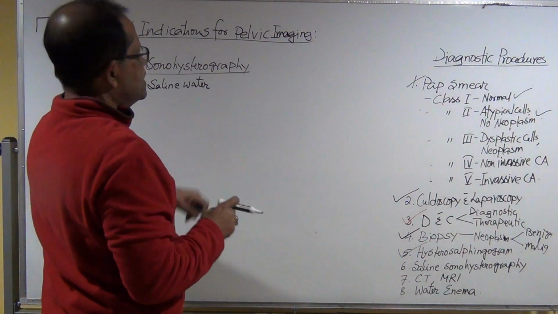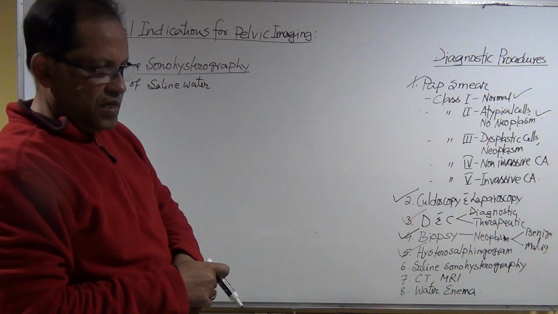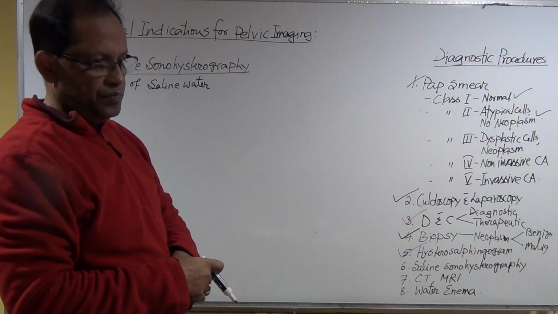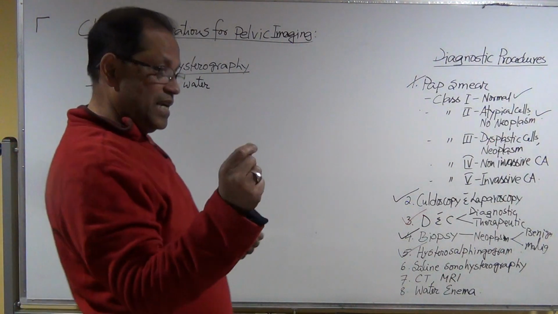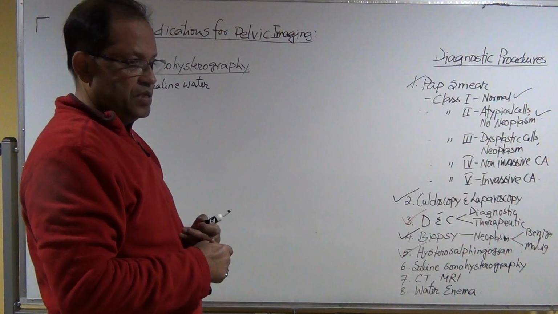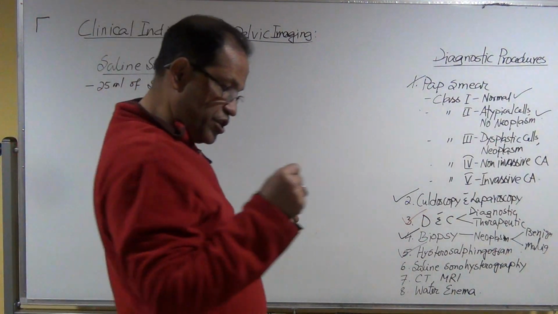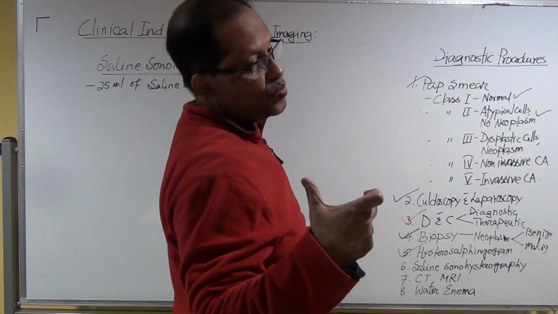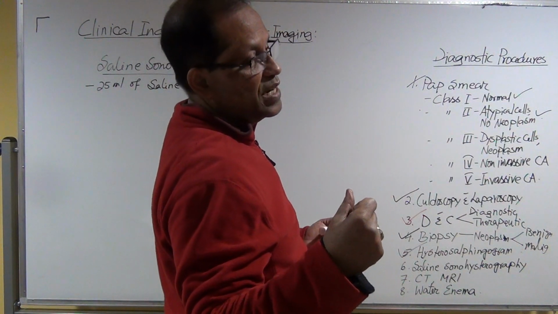Okay, they inject this into the uterine cavity through the tube, but they have to dilate the cervical canal first, then they will insert the tube and they will inject the 25 cc of saline water.